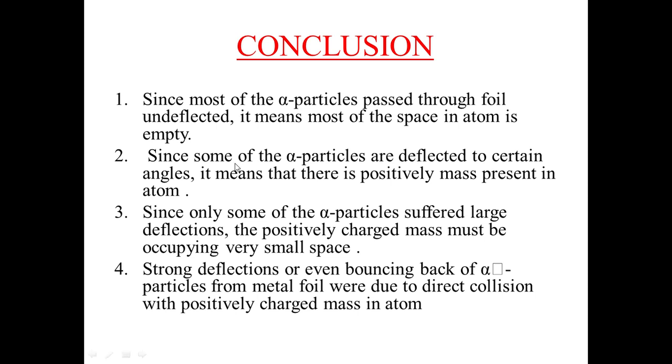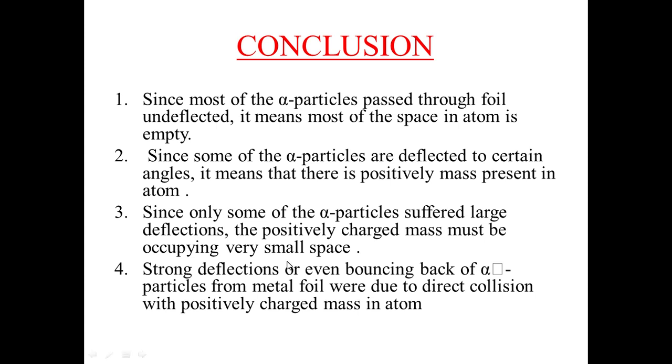Now the third conclusion made through the Rutherford model is that some of the alpha particles suffer large deflection, so the positively charged mass must be occupying a very small space. That means some of the alpha particles show large deflection because they go nearer to the nucleus of the atom.